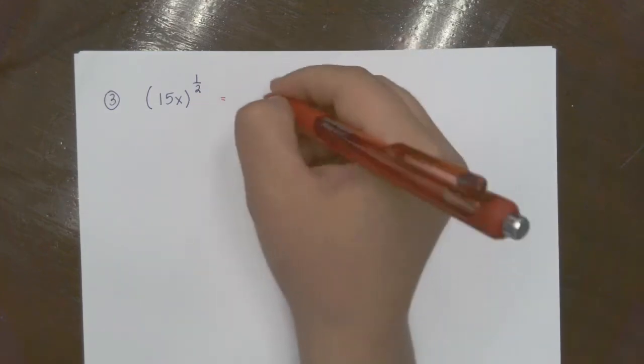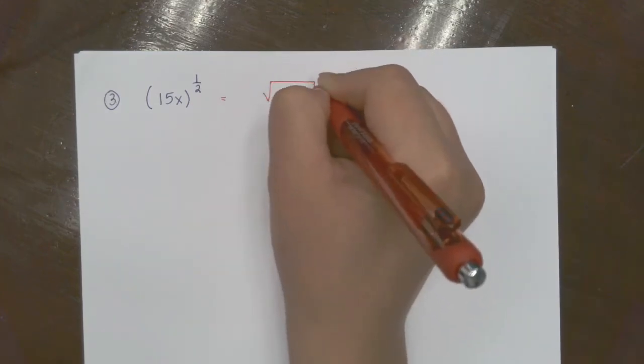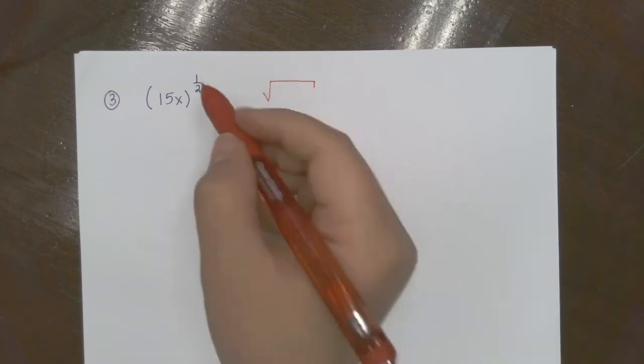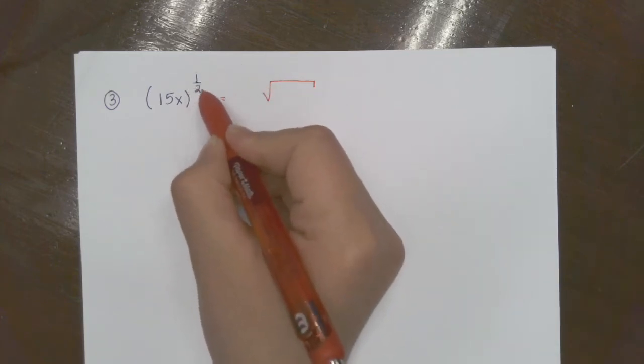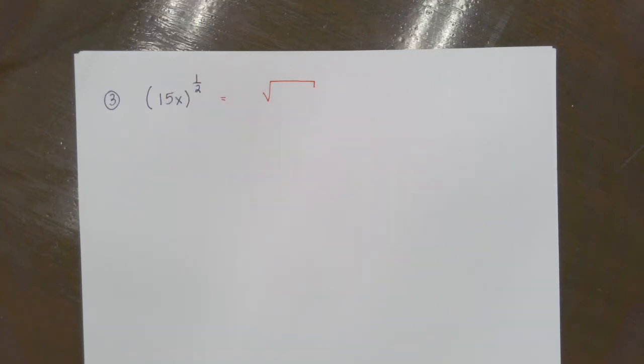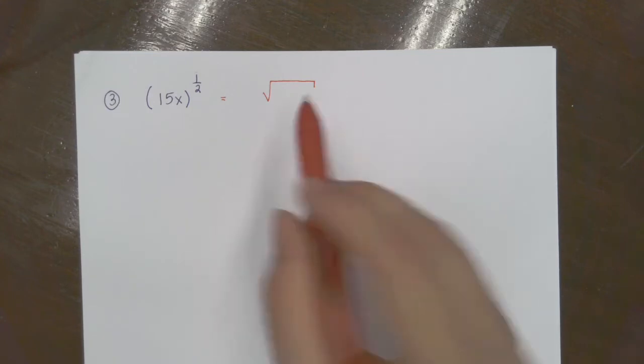A radical means you got that symbol. So let's write out that symbol. But here's the thing. If you don't want to do that as your first step, you don't have to. If you want to use the power property of exponents right here and bring that 1/2 down, you can. That is your choice. I already drew this out first, so that's okay.